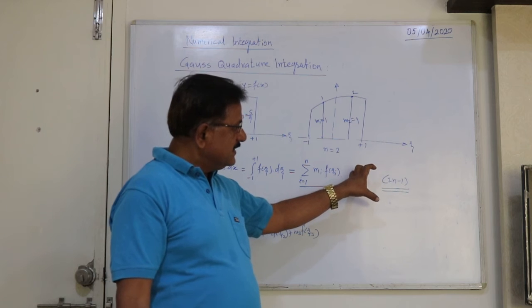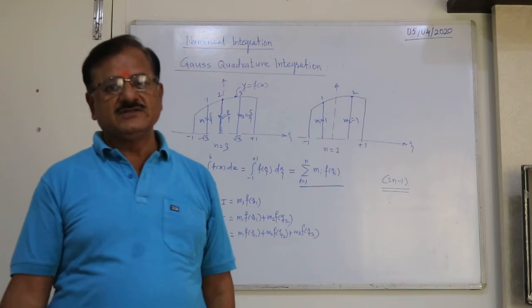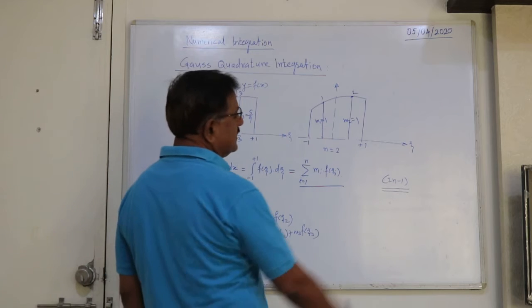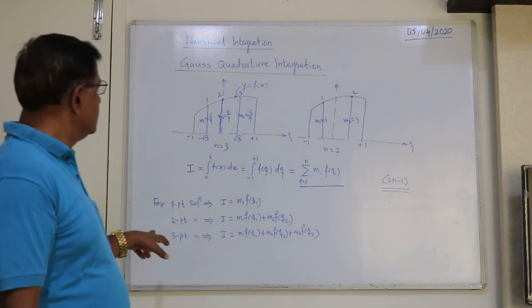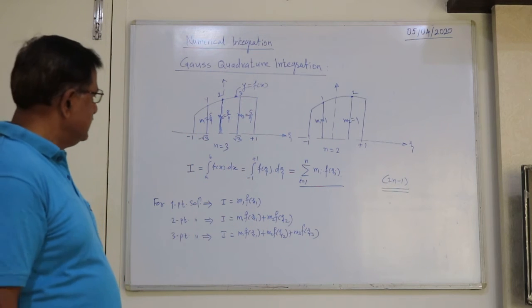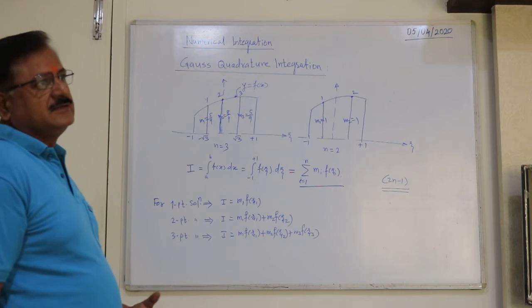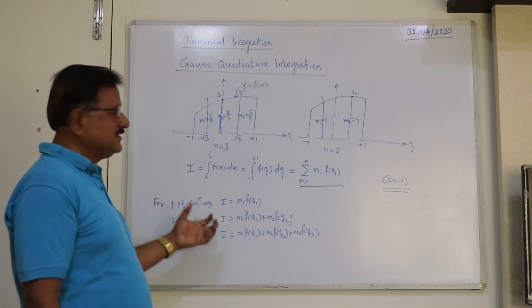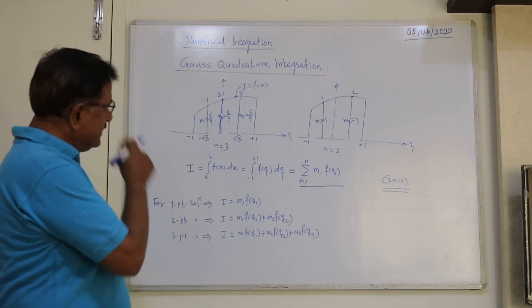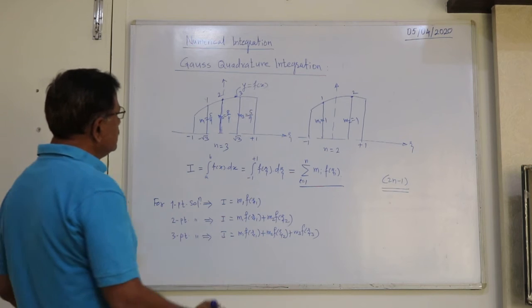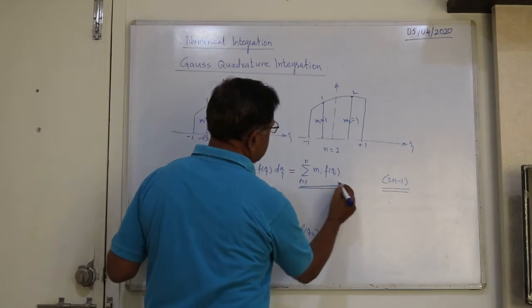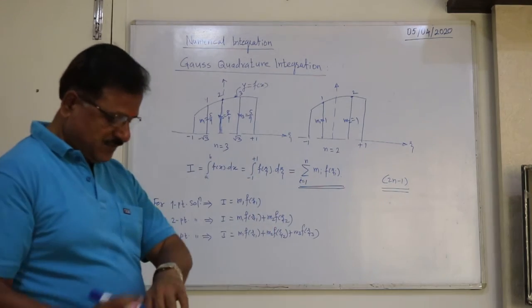Depending upon the order of the polynomial for which the integration is to be worked out, we can decide how many points are to be used in order to calculate the exact or very close to the exact integration value. Now, by using this Gaussian formula, we can solve some problems.